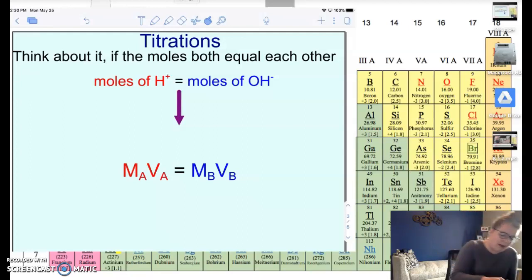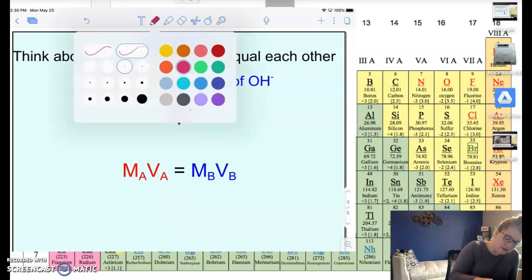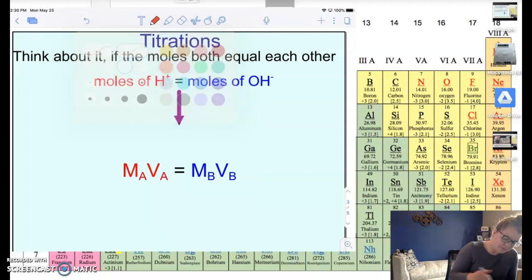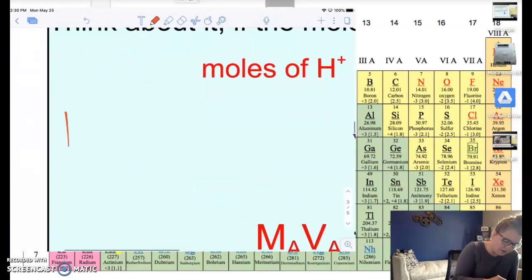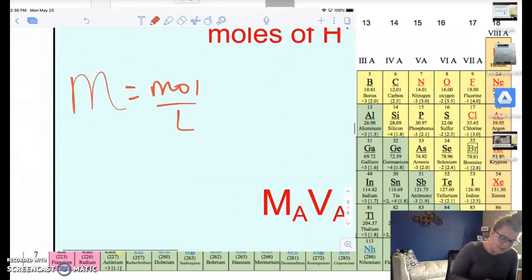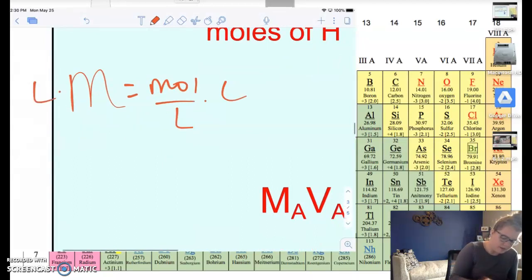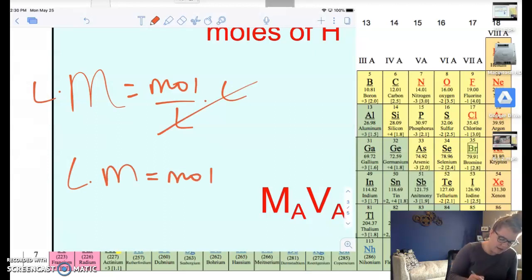go. And if we're going to do a little deriving here, we know our molarity equation is moles per liter, right? How many moles are in a liter? So if I rearrange this really quick and get rid of liters, I've got liters times molarity equals moles, okay?